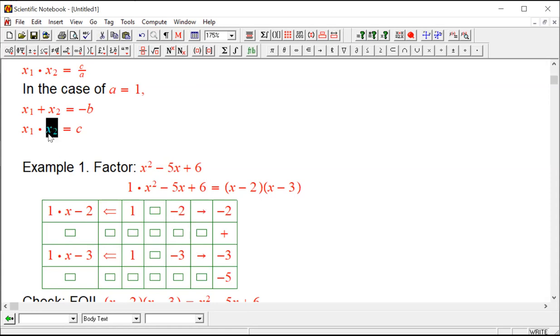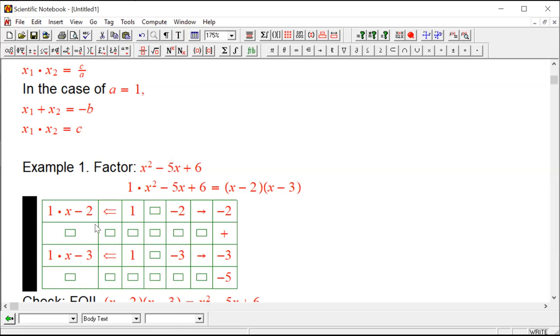So we're really trying to guess what these two numbers are, and then we try to match the number. When we add these two numbers to match the 5, we're trying to find the pair that matches the sum equal to the number in front of x, which is b.